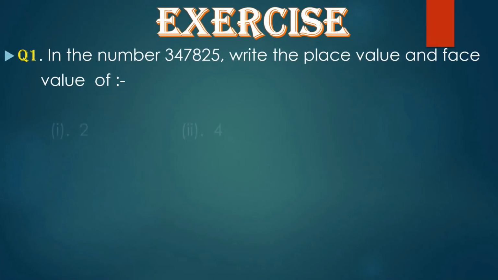Now, there's a fun exercise for you. In question 1, in the number 3,47,825, write the place value and face value of the first part, 2, and the second part, 4.